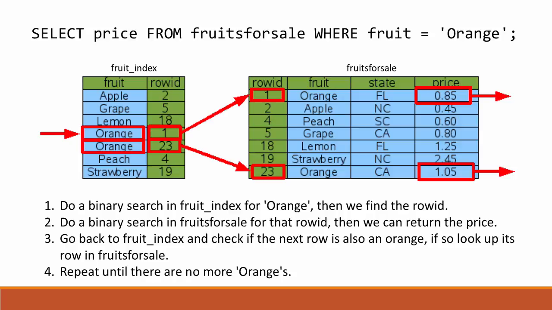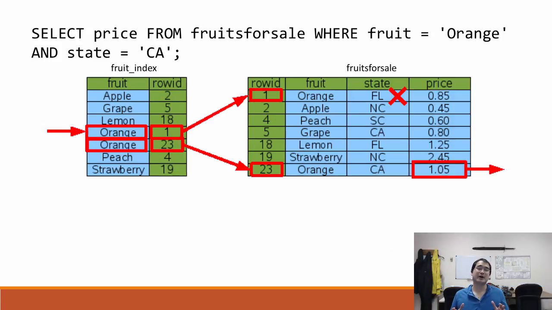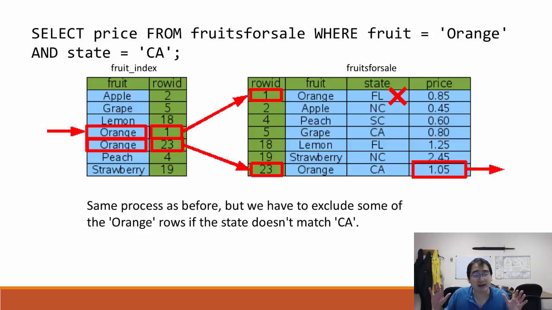Okay, so that's great. But what happens if we have more complicated queries? What happens if, you know what, I want to return the prices for all the oranges that are sold in California? How would I do that? Well, I can still use my fruit index. It makes it really easy for me to find all of the oranges. I do the same process of look up oranges, look up in my fruits for sale, report the prices, with the extra caveat that I need to check before I return that you are actually in the state of California.